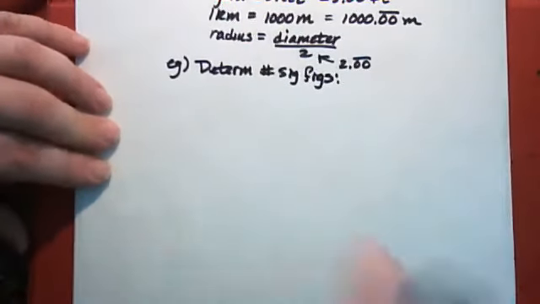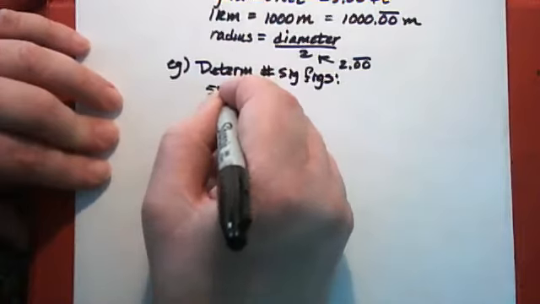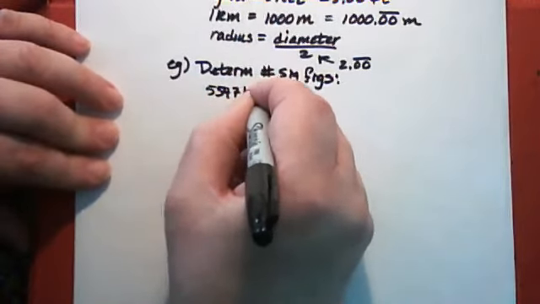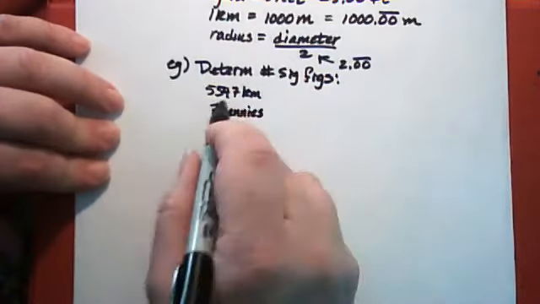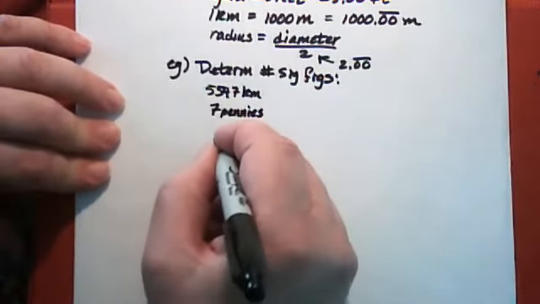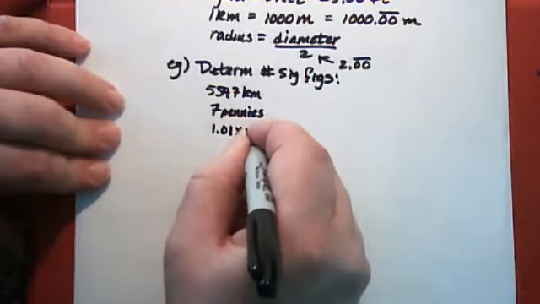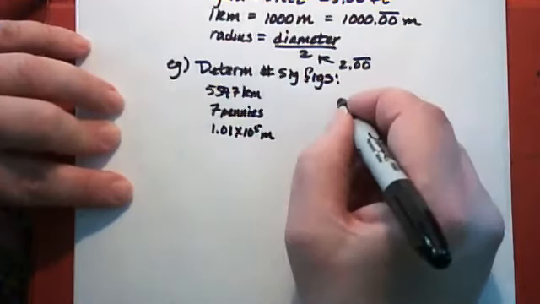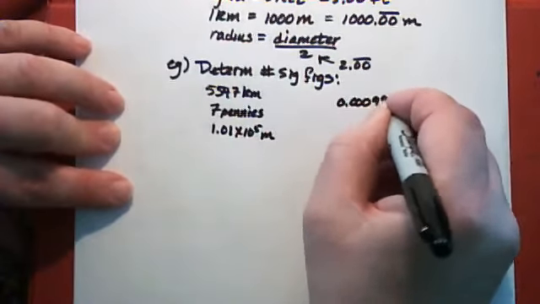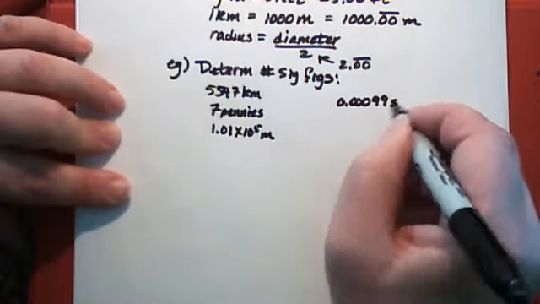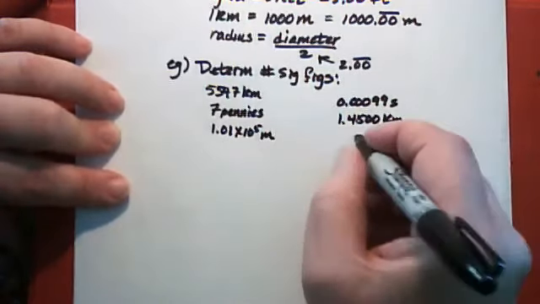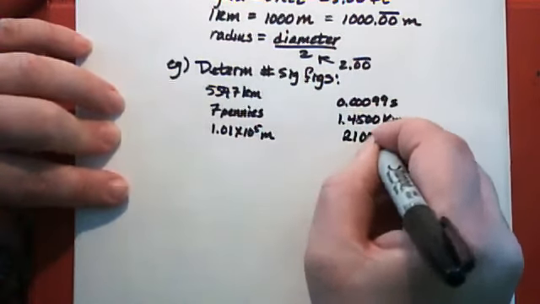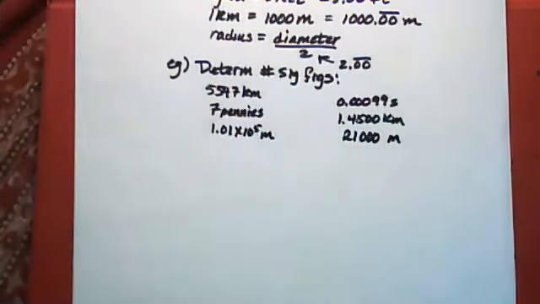And so as a little bit of practice to determine the number of significant figures, I'll lay out some numbers here. 5,547 kilometers, 7 pennies, 1.01 times 10 to the 5th meters, 0.00099 seconds, 1.4500 kilometers, and 21,000 meters.